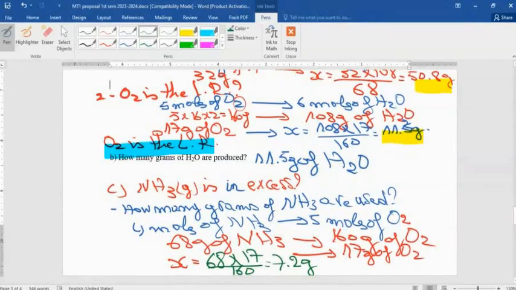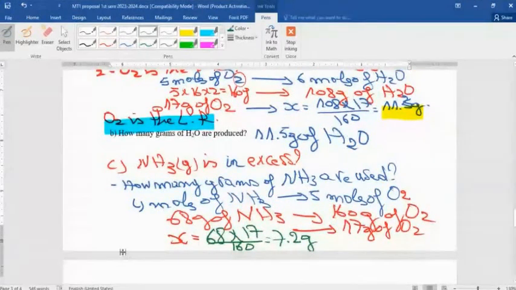To react all the 17 grams, meaning to consume all my limiting reactant, oxygen gas, 17 grams, I need 7.2 grams of ammonia. I put in my reaction 32 grams, so I have an excess of ammonia. So what will be this excess value?